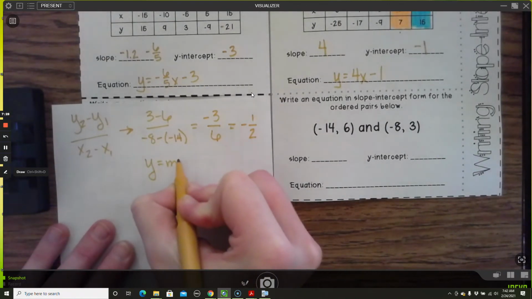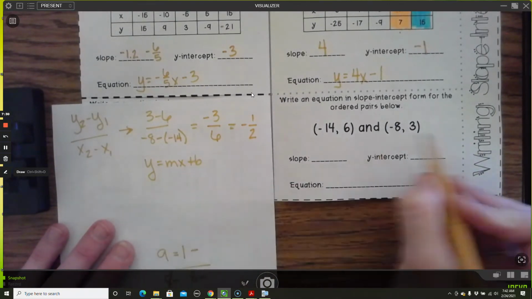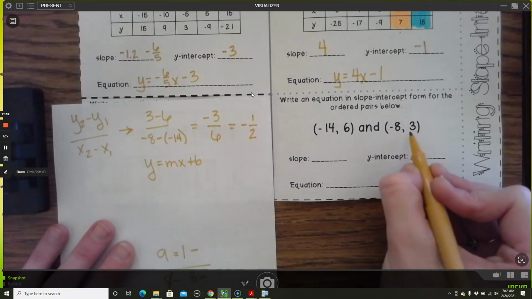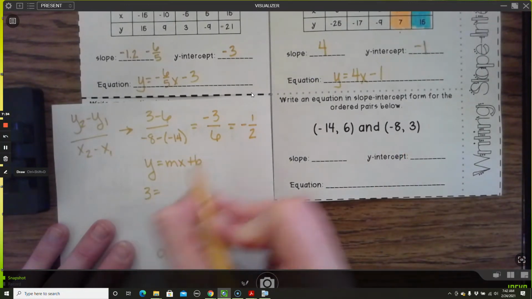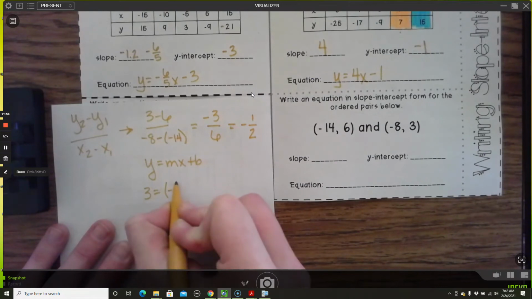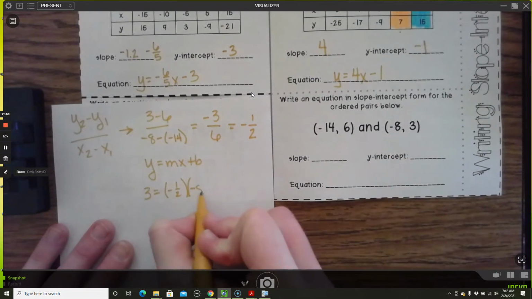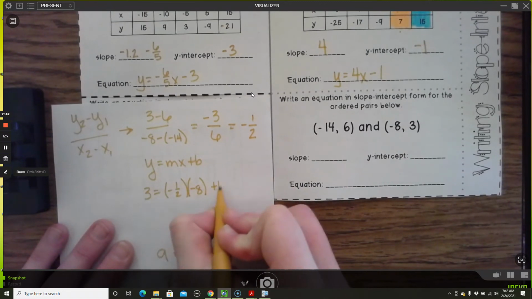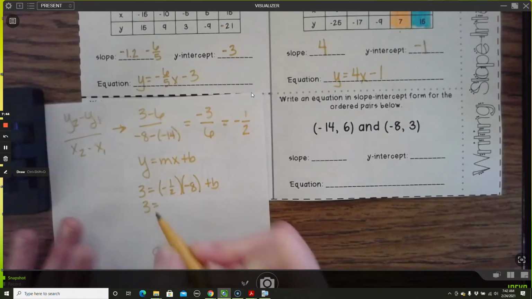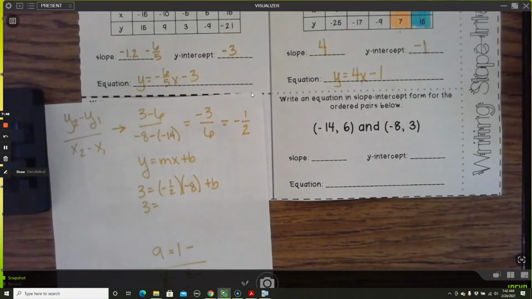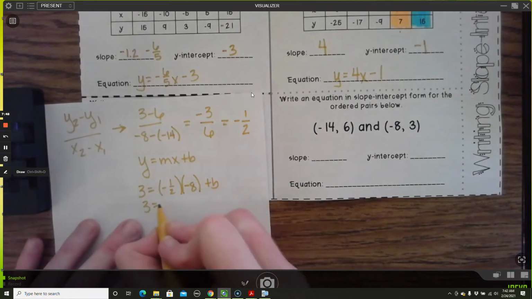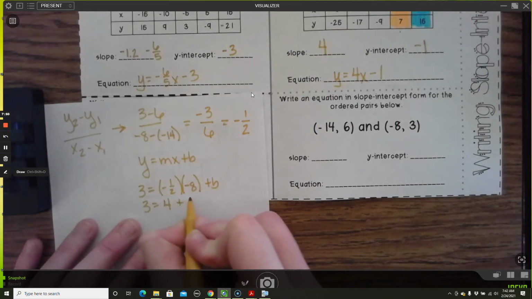Then I'm going to plug values into slope-intercept form. I'm going to use the second ordered pair. So my y is 3, my slope is -1/2, my x is -8, and then plus b. So 3 equals, -1/2 times -8 gives me a +4.